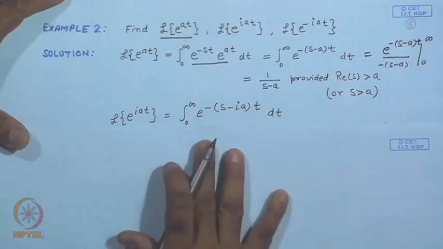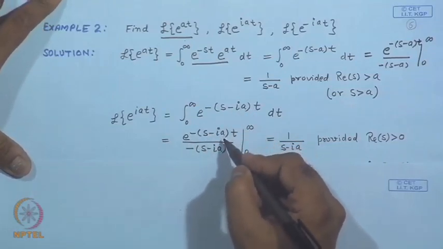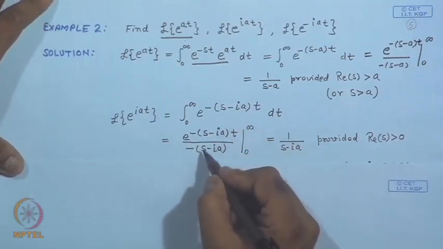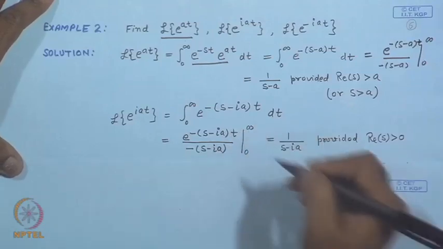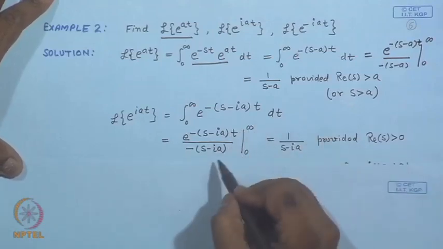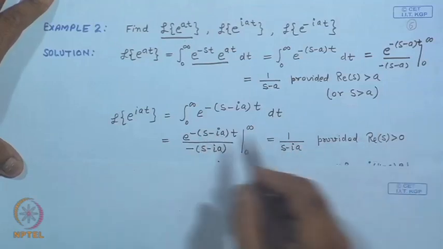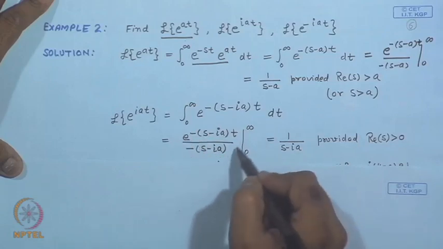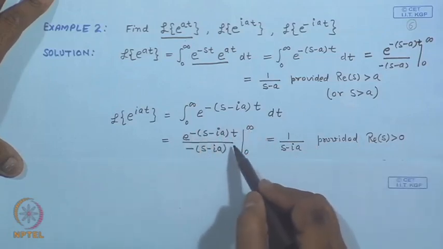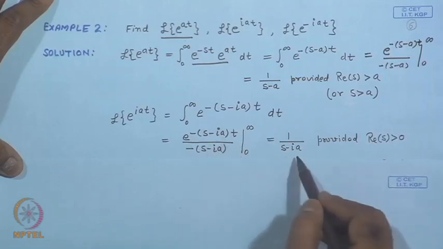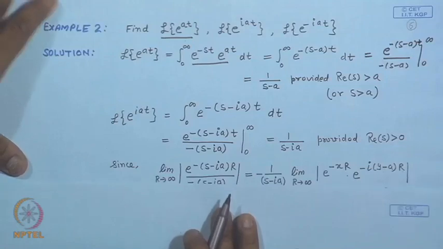So, again we integrate this to get e power minus s minus i a t over minus s minus i a, with limits 0 to infinity. And again if we assume that real s is positive, this term will vanish as t approaches infinity, and we will remain again with 1 over s minus a.